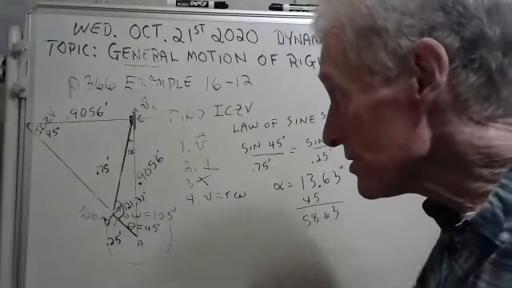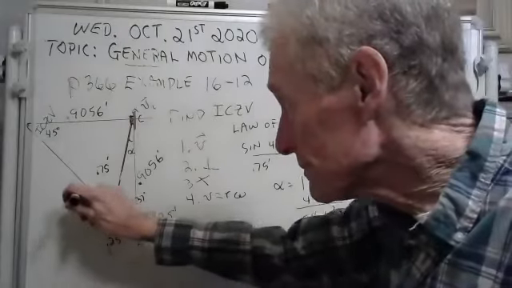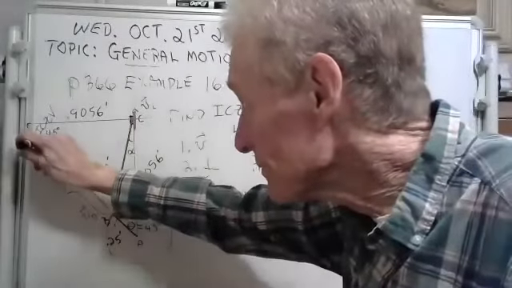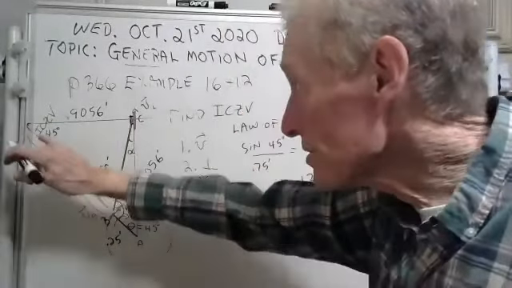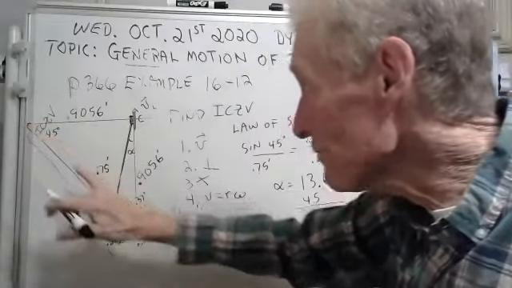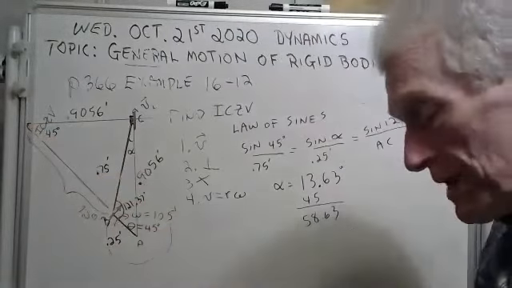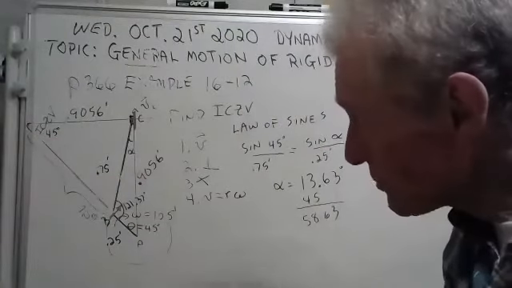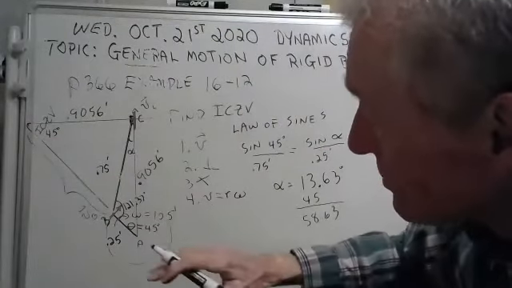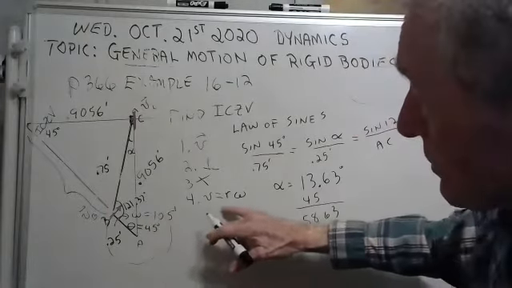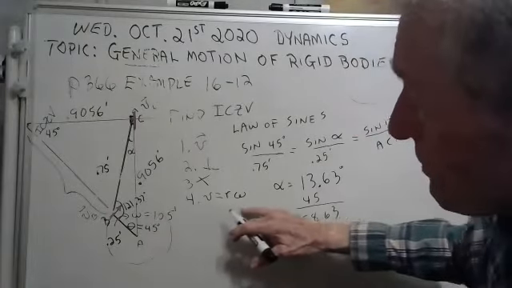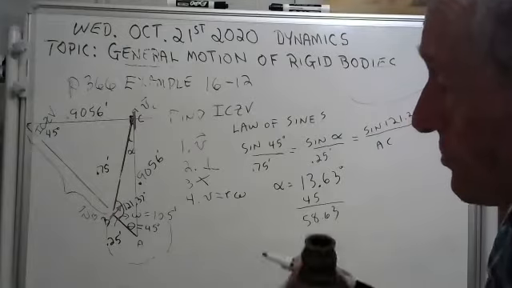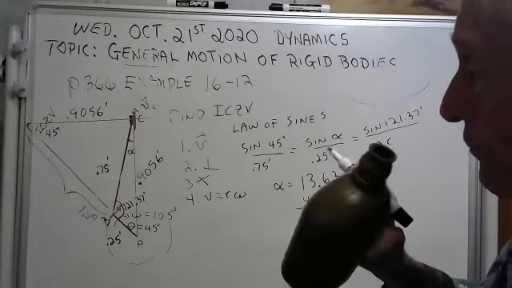Now I need this distance here. Oops. I need the distance from the instantaneous center to point B. I'm going to shut up for a minute. I want you to find it. I need that distance, and then we'll be able to use this equation over and over and find out all sorts of fun things. Go for it.